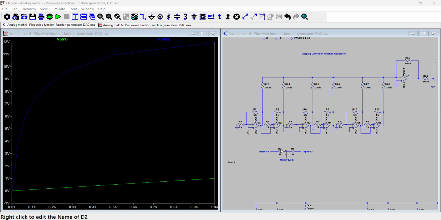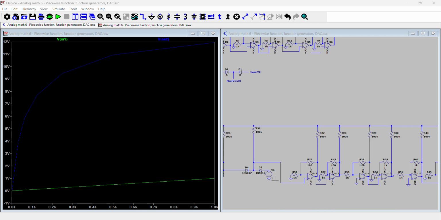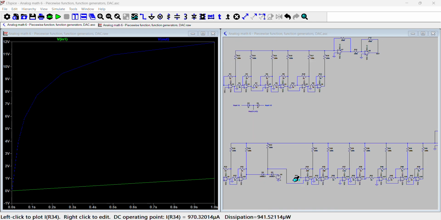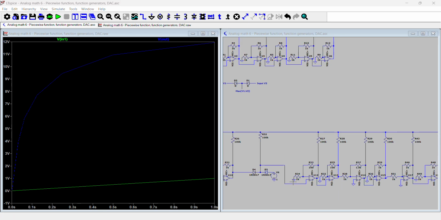I added this into an experimental circuit that I modified, which has a lot of gain stages, but has one of these max voltage functions. And I also have a negative gain stage over here.